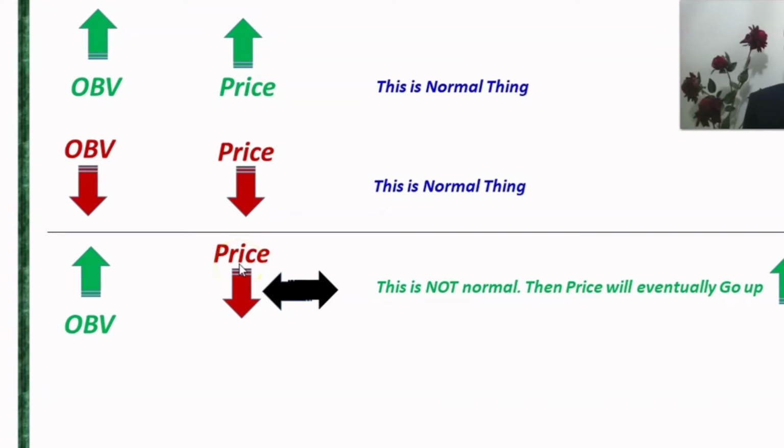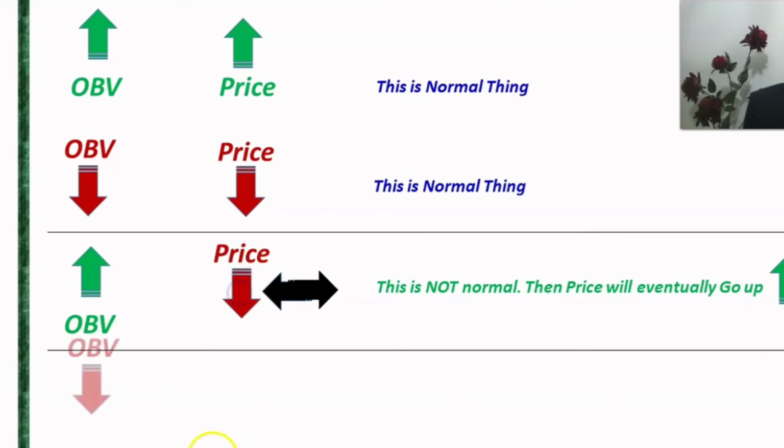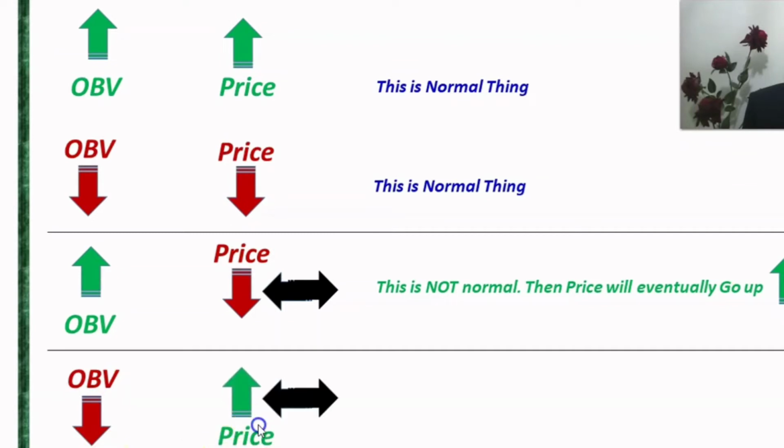So a technical analyst has to take a hint from this. Similarly, if the on balance volume is going down when the price is going up or the price is stable, again this is not a normal occurrence. Here again, eventually the price will go down in tandem with OBV.